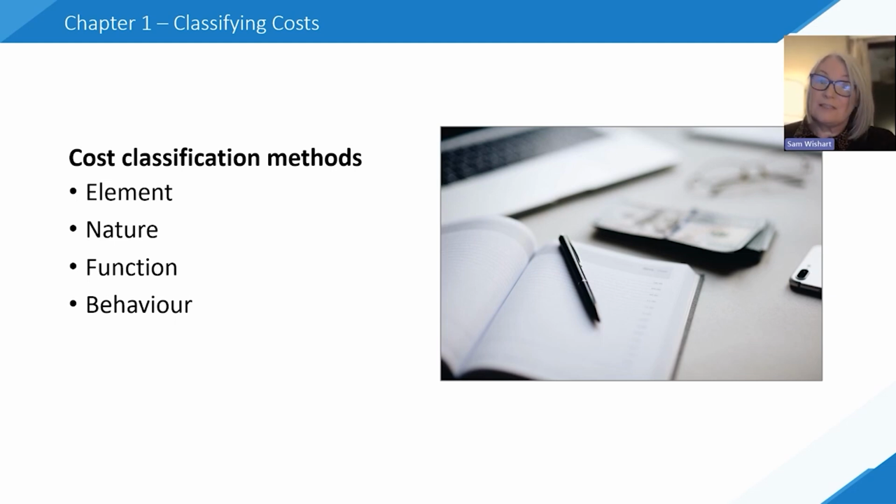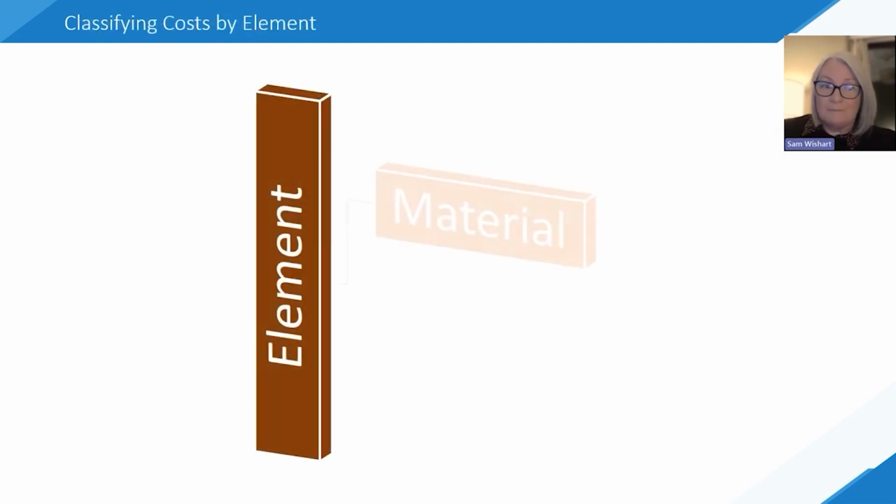We continue to use these cost classification methods throughout level 3 and level 4. So they're a really key foundation to your knowledge for management accounting. We're going to be looking at classifying costs by element, by nature, by function, and by behaviour. I'll give a little bit of information on each method, and then we'll look at a worked example as we've just done, just to consolidate that knowledge.